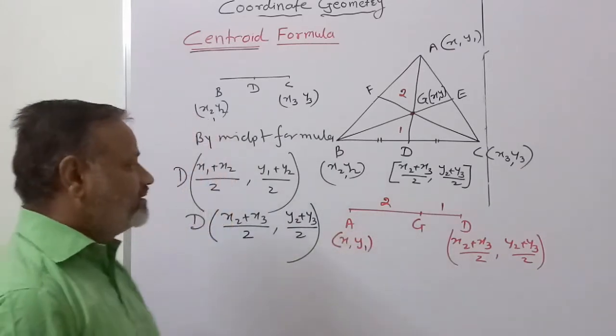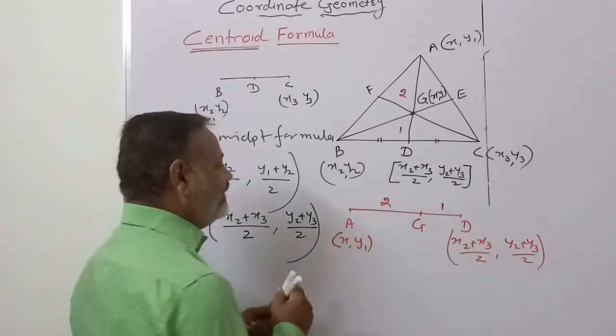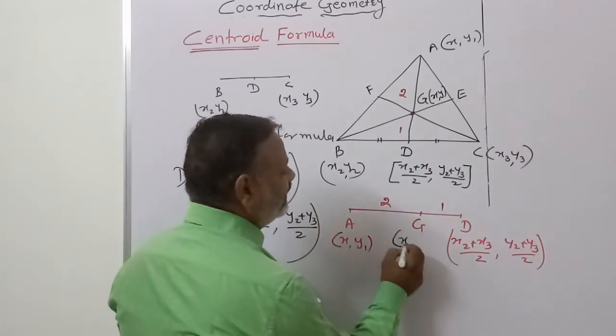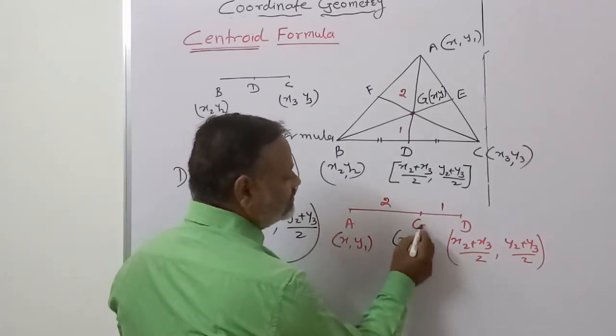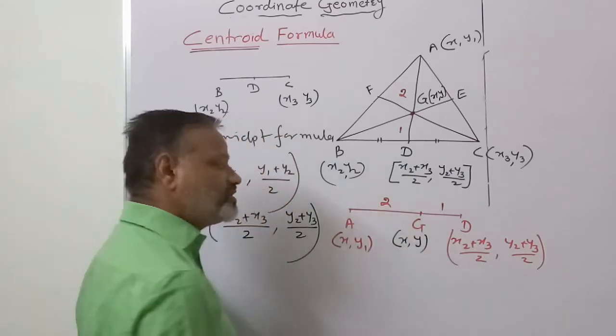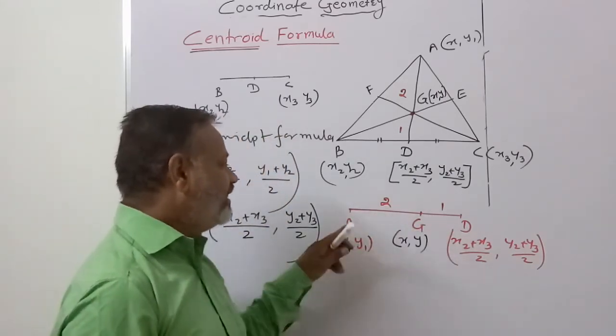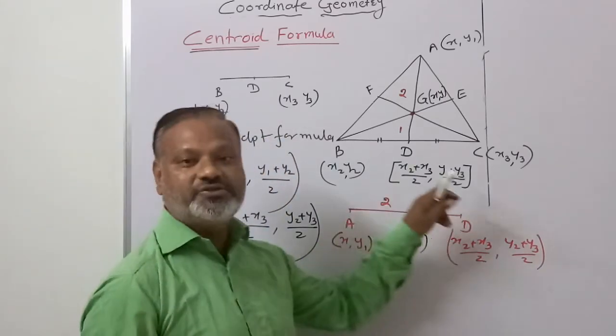Can we say that G xy, क्योंकि डिवीजन करना कौन है? कौन कर रहा है डिवीजन? G xy divides AD in ratio 2:1.